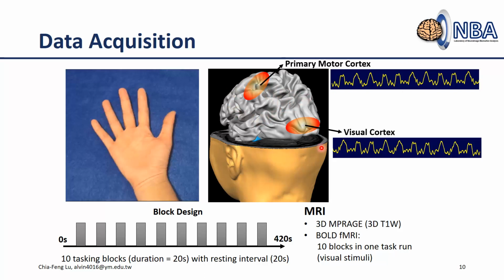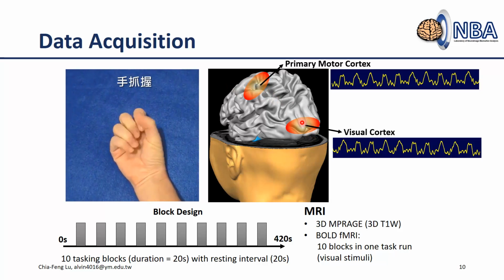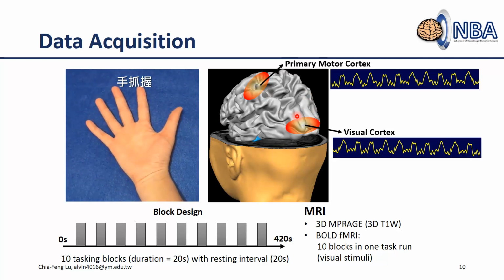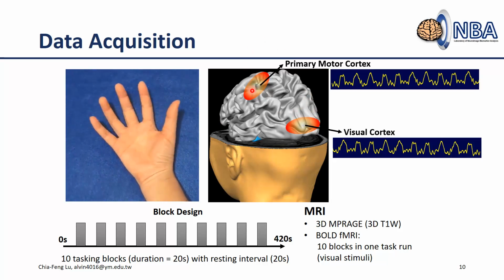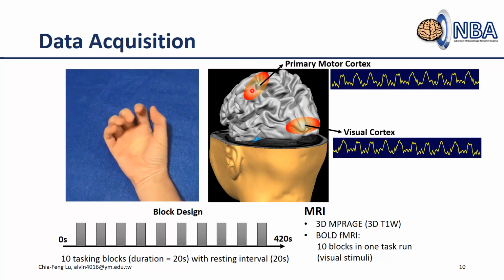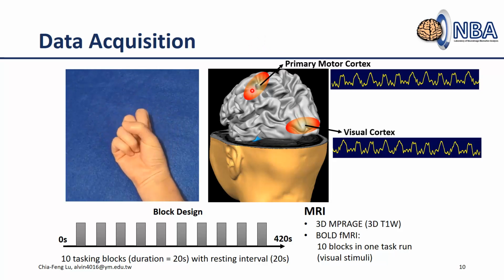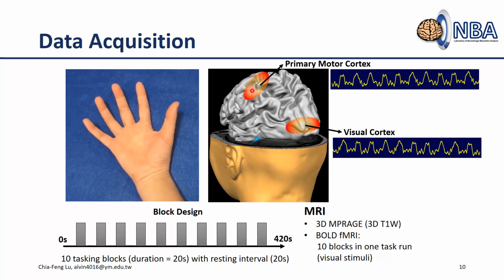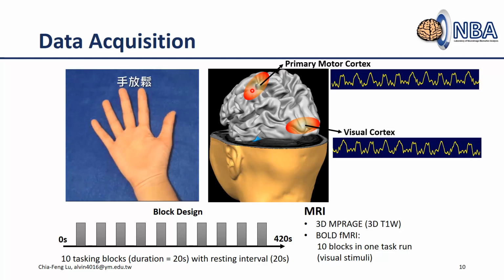For example, the visual cortex. So I may say this task can only be accomplished when the subject first sees the video and then gives the order to the primary motor cortex to do the hand grasping. So this is another way to interpret how our brain helps us finish this kind of motor task.